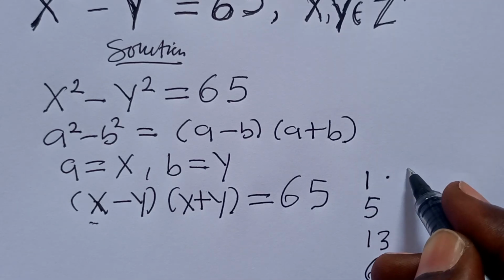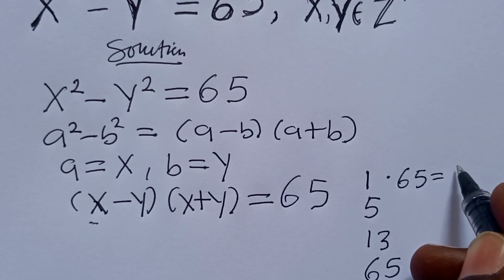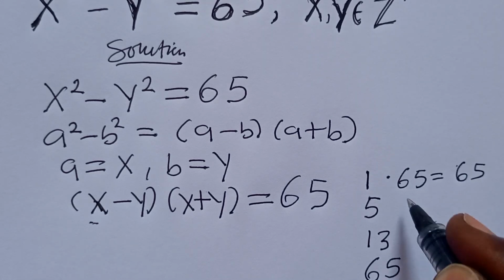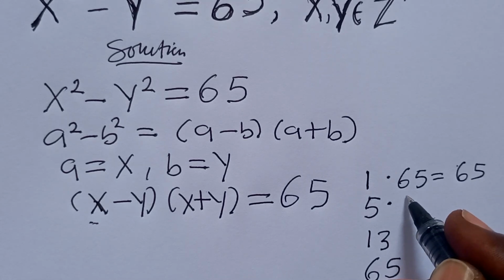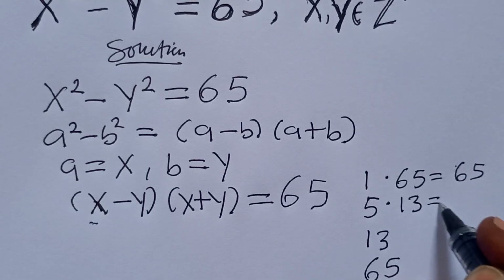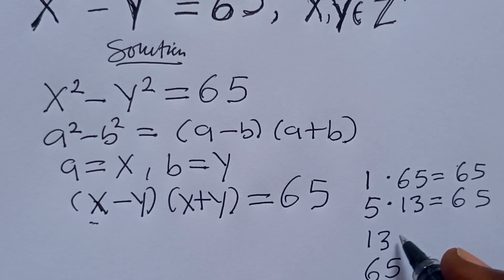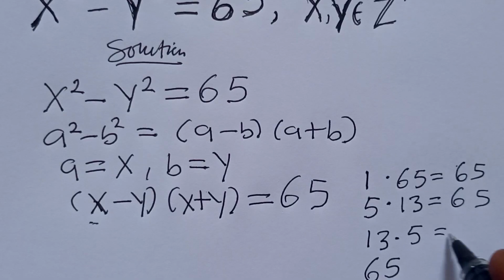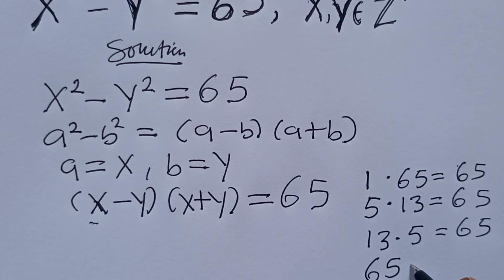So 1 times 65 is going to give us 65. So this is one case. So 5 times 13 is still 65, and 13 times 5 is still 65. 65 times 1 is still 65.